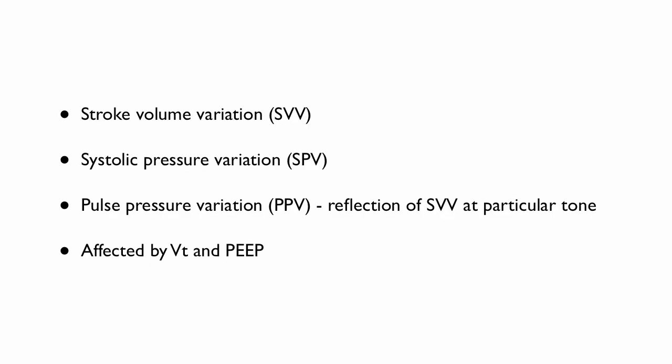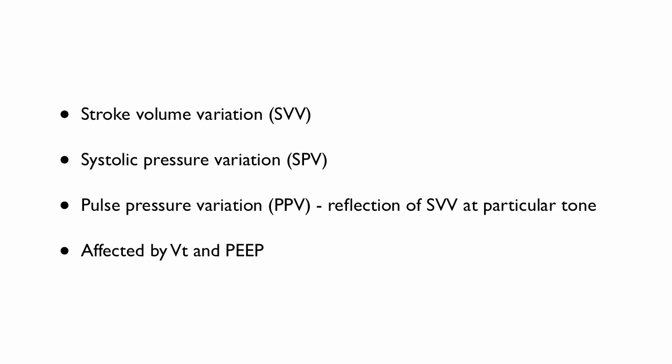So there's a couple of parameters which we talk about: stroke volume variation, systolic pressure variation, and pulse pressure variation. Within a couple of beats, the tone of the arterial system is going to stay pretty much the same. So the pulse pressure is really going to be a reflection of the stroke volume. If you've got a bigger stroke volume, you're going to have a bigger pulse pressure, and vice versa.